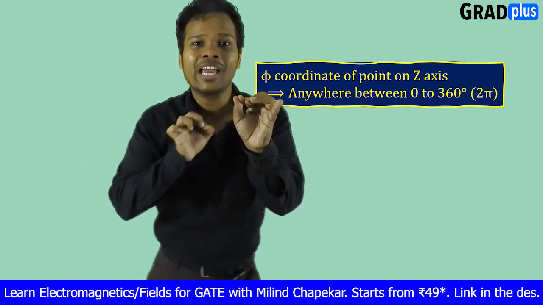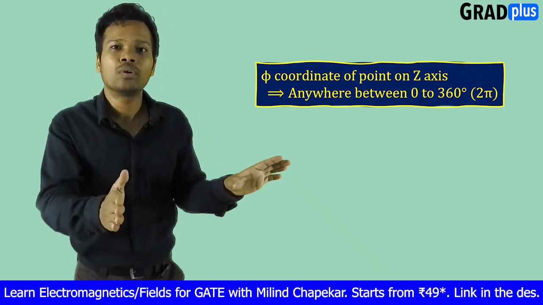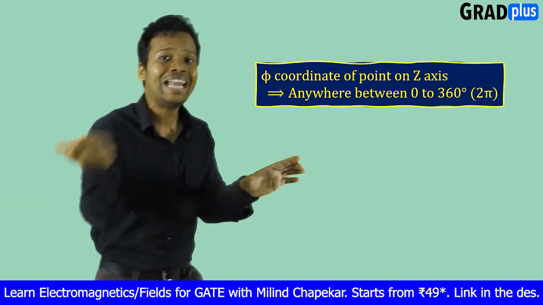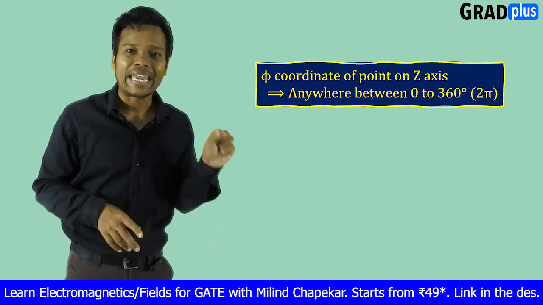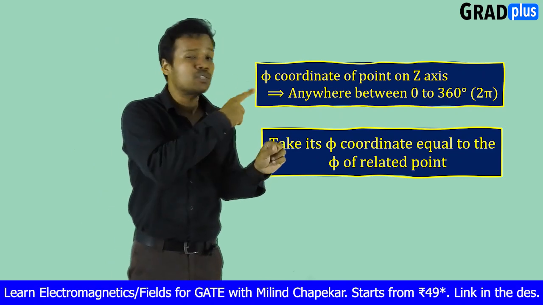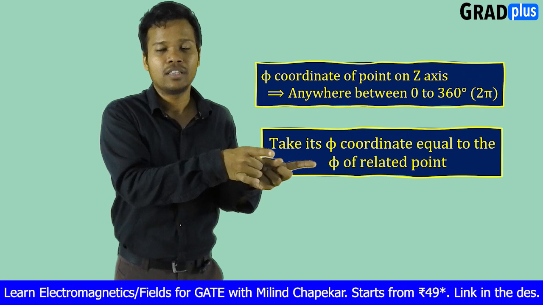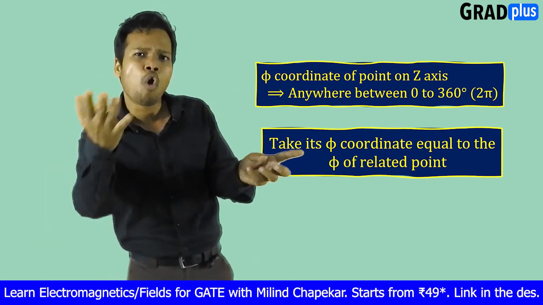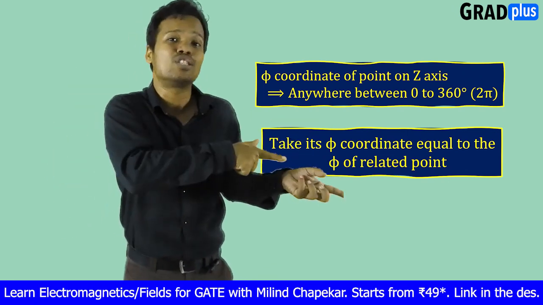But you should take the phi coordinate of that point equal to the phi coordinate of the other point related to this point. Again I am repeating, you should copy the phi coordinate of the other point which is related to this point.